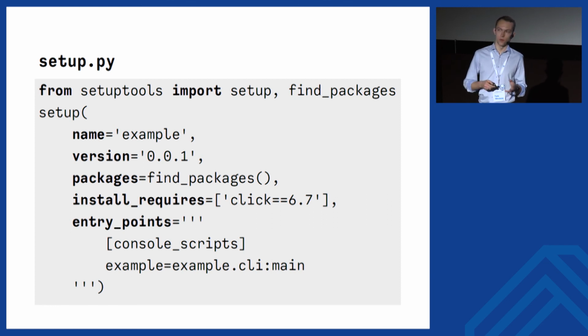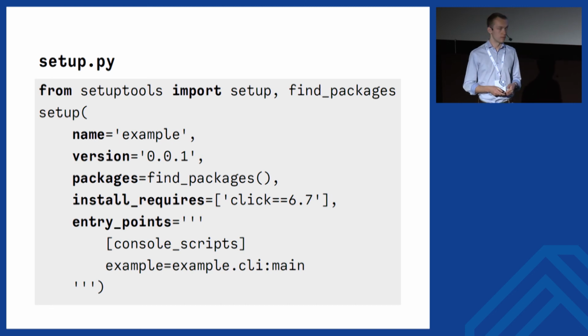So, for instance, if you want your application to be available under another name, example, so the user will just type example, hit enter to get your application, you have to define this key. Example, type equals, and write a value for this key. And the value is basically the path inside your package to this function you want to call.